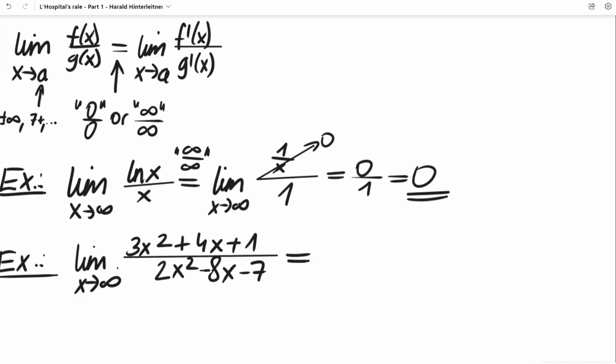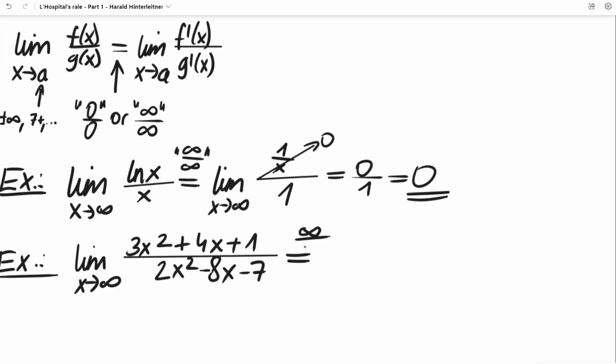You plug in x, you know in the numerator if you plug in x, only the highest power plays a role for the limit, so it's this one, 3x squared, and 3 infinity squared is infinity. The same in the denominator, what plays a role is 2x squared, the highest degree power.